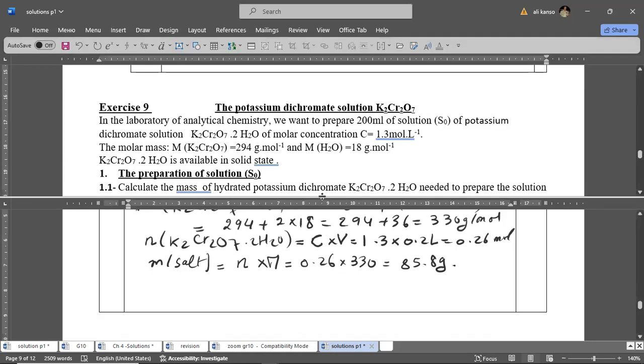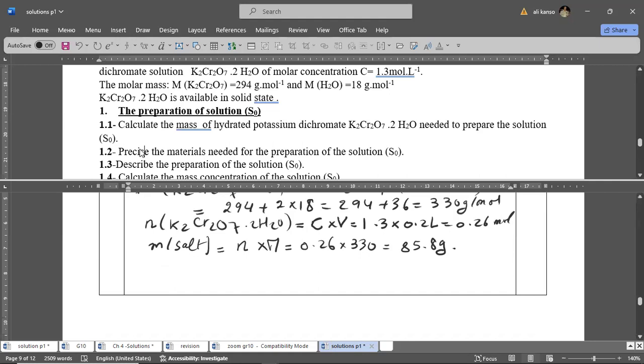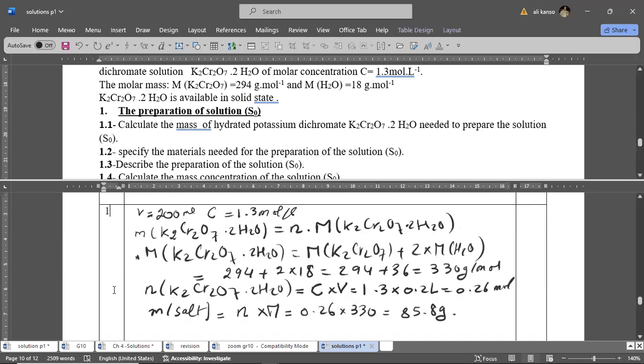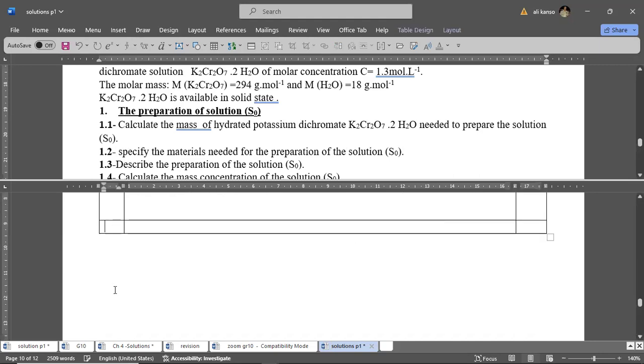Okay. Second question, specify the materials needed. Okay, specify is the correct word. What are the materials here?